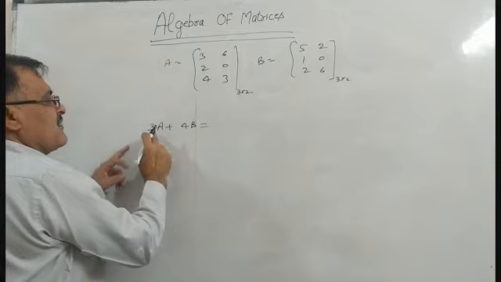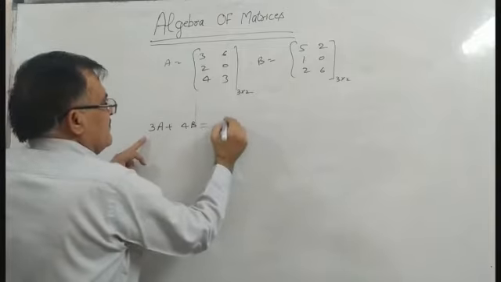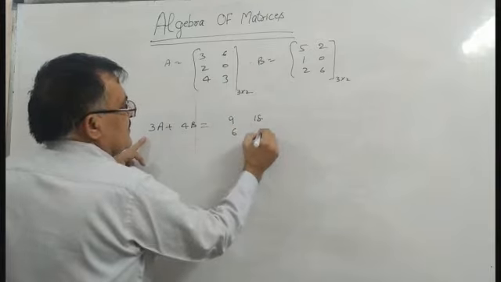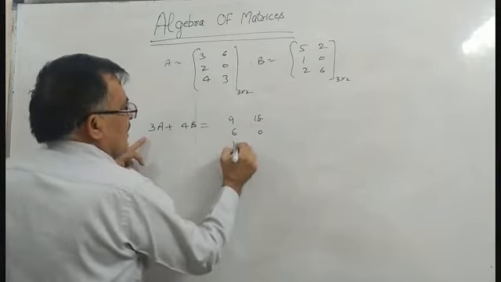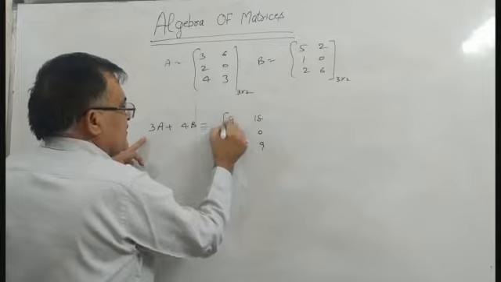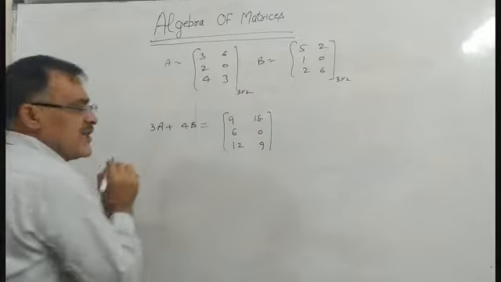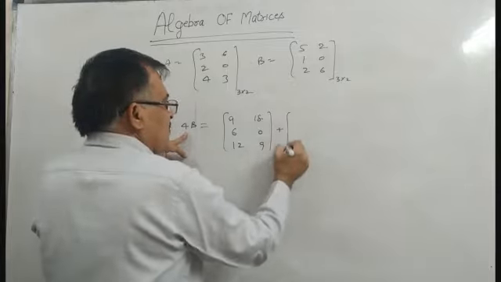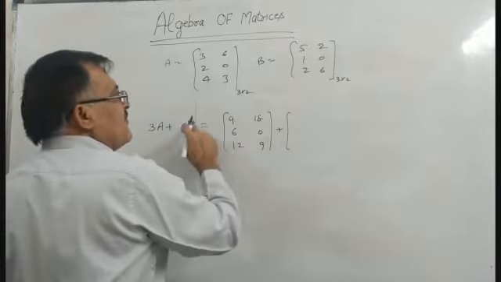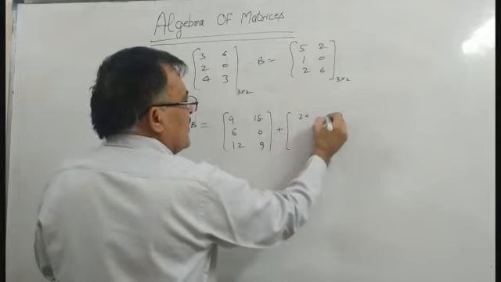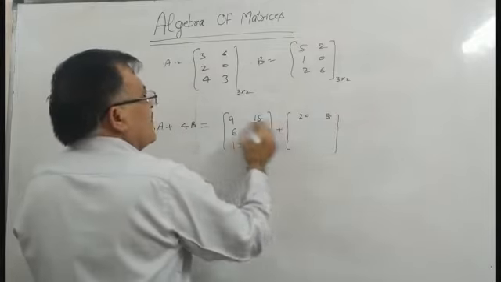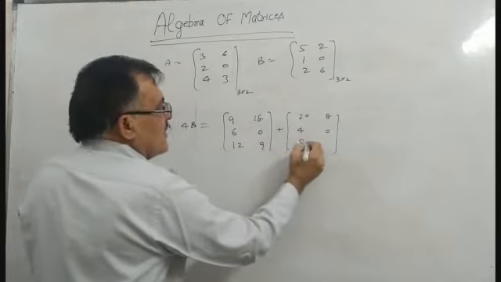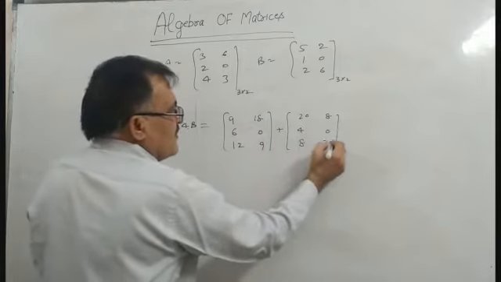Multiply all the elements by 3 here. This is 3A: 9, 18, 6, 0, 12 and 9. This is the value of 3A. And now 4B: multiply every element by 4. We get 20, 8, 4, 0, 8, 24.